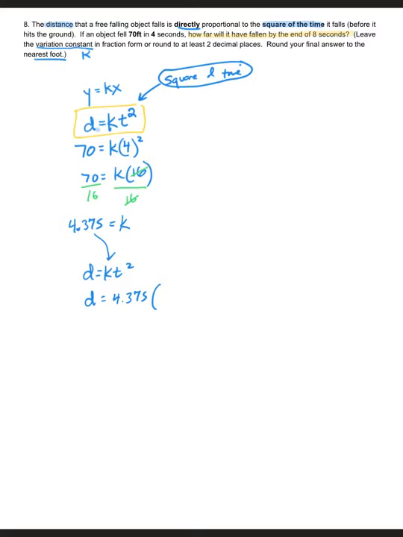So the time here is going to be 8 instead of 4, which it was previously. So we've got D equals, make sure you square the 8 first, and then multiply times the 4.375. So take that times 64, and we've got 280. D equals 280. Make sure you do round the word problems to the nearest foot. This one, there's no decimal, so no need to round.